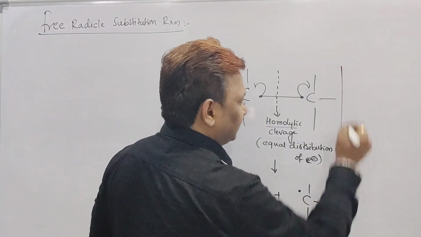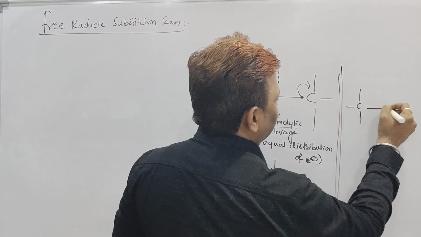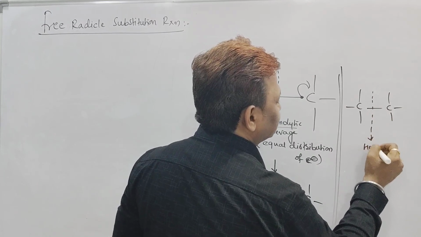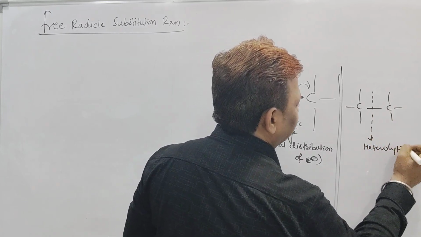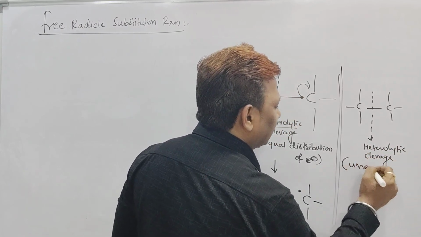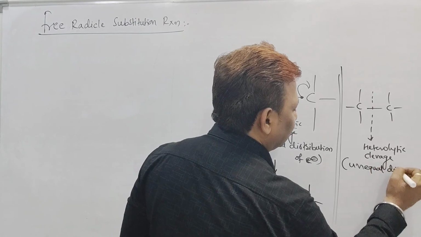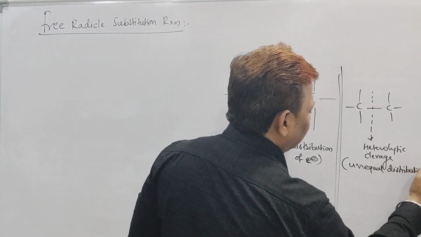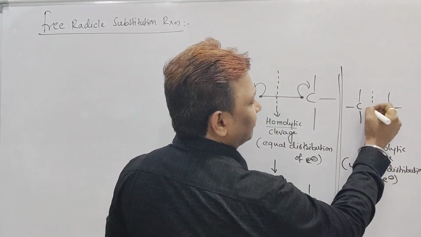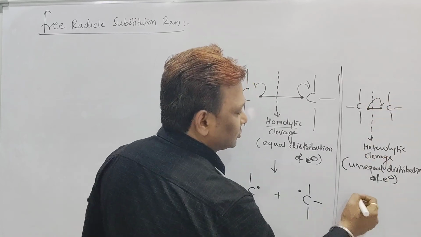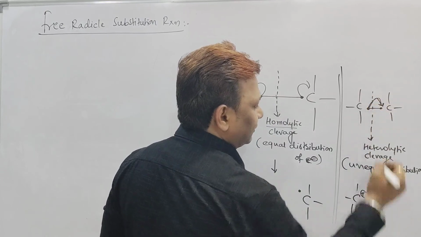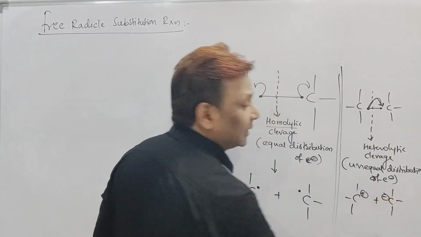But now suppose, sir, carbon bonded with carbon and we have heterolytic cleavage. Sir, what is meant by heterolytic cleavage? Heterolytic cleavage means unequal distribution of electrons, beta. And unequal distribution of electrons means maybe this electron goes to this carbon. So one of the carbons is getting a positive charge, and as this electron enters this carbon, beta, the other carbon is getting the negative charge.